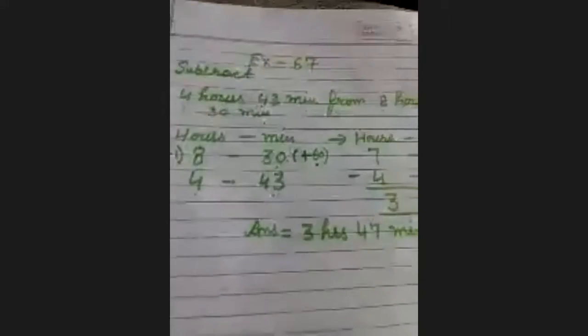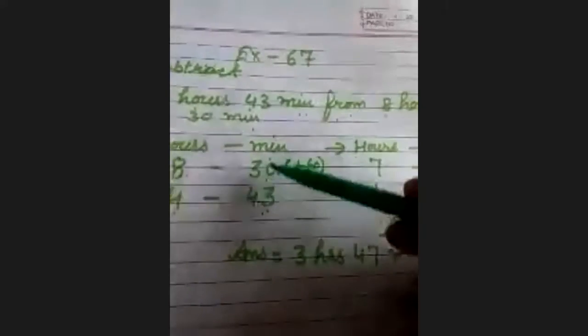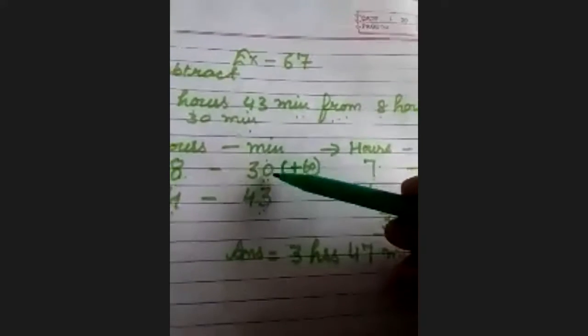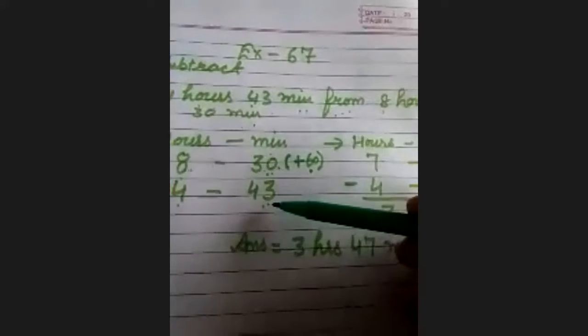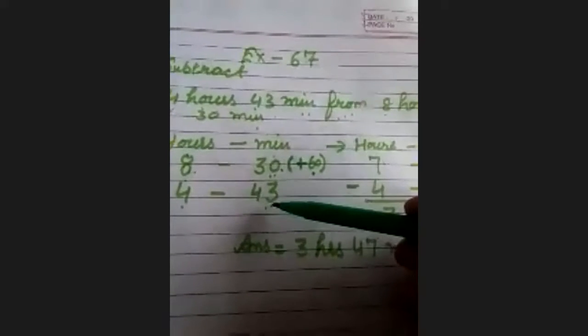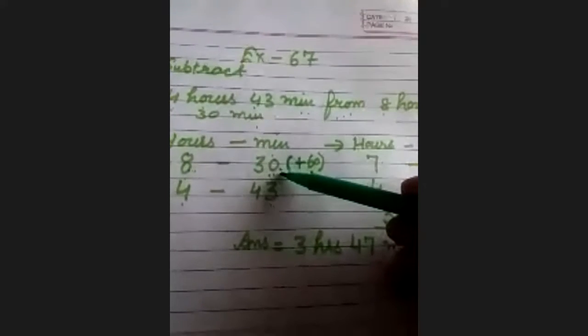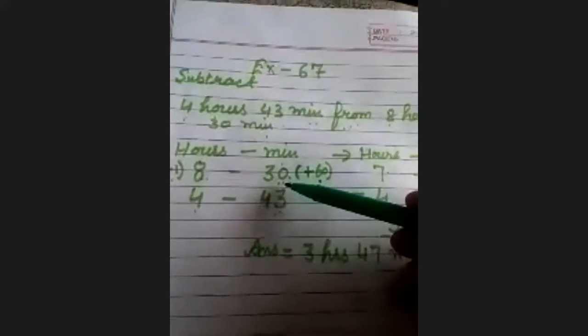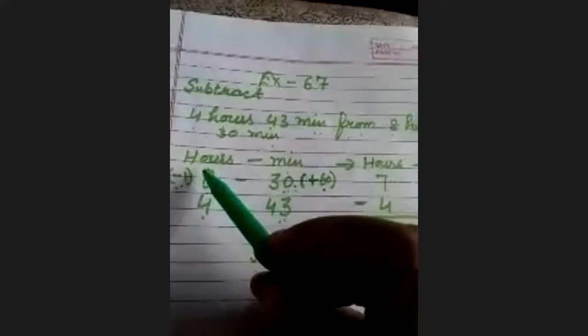Subtract 4 hours and 43 minutes. Now, students, observe the right side column. 30, 43. We can't subtract 43 from 30. For this, we will convert 1 hour into the minutes column.